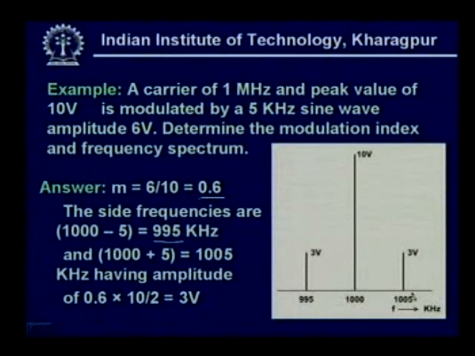So, these are the frequencies, and you can see here we get the three amplitudes of the frequency components. The carrier will have 10 volt, the side bands will have 3 volt. So, this is the frequency domain representation of the modulated signal.